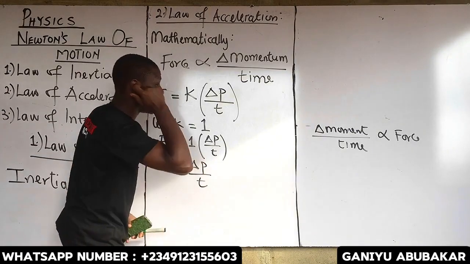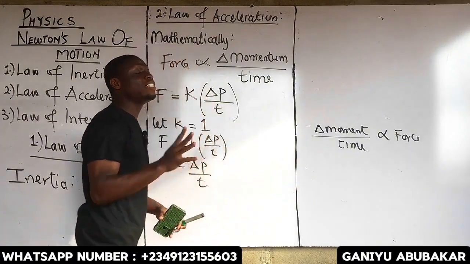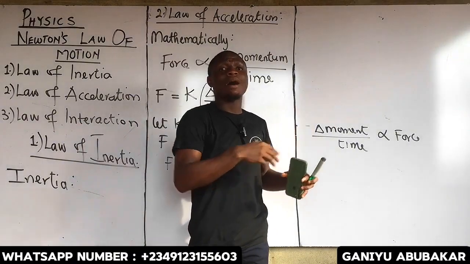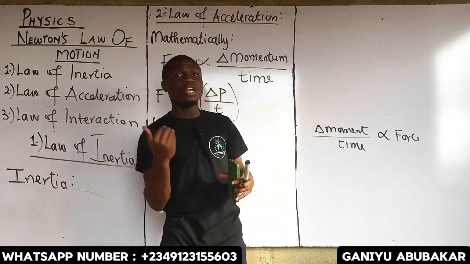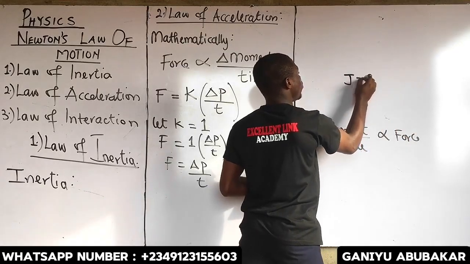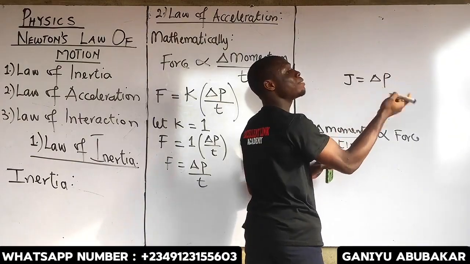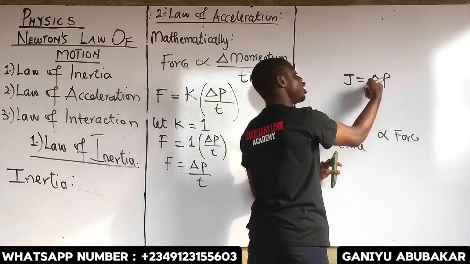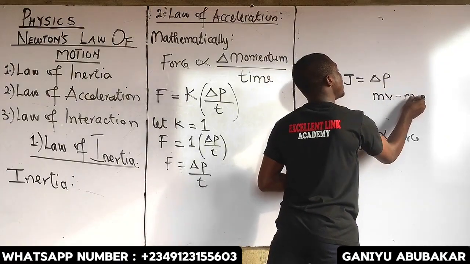But last class again, when we discussed momentum and impulse, I said that the difference between momentum and impulse is that momentum is mass and velocity, while impulse, J, is the change in momentum. And we said the mathematical expression for change in momentum is mv minus mu.